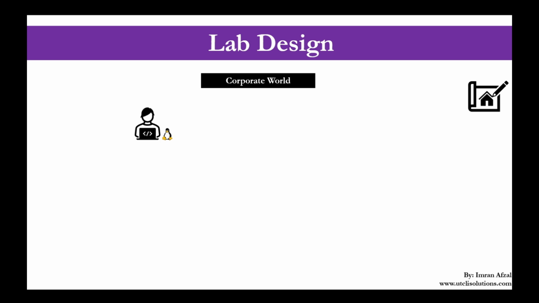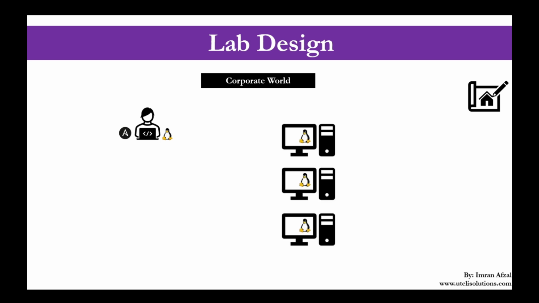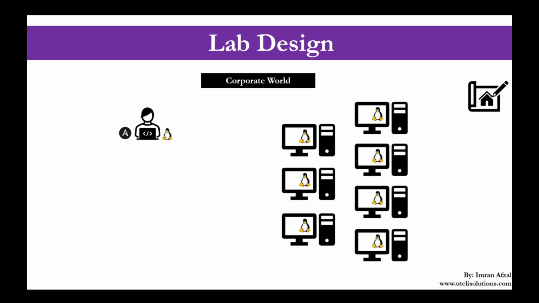All you have to do is install Ansible, and then you also have other Linux servers or Windows Server for that matter that you want to control and automate tasks onto. So you basically send the automation commands from Ansible to those clients, and that's how it will work in a corporate world.